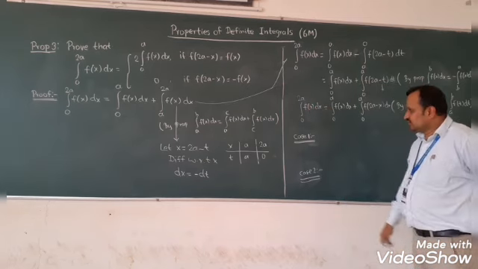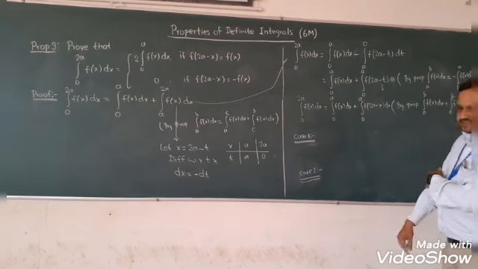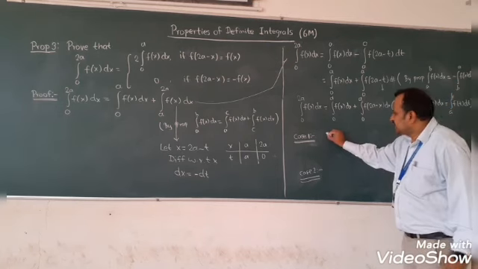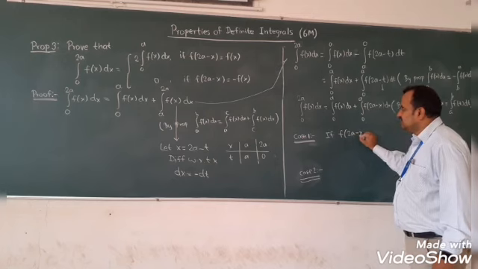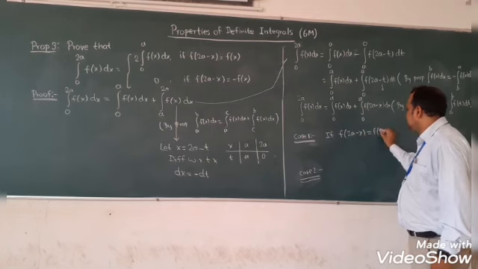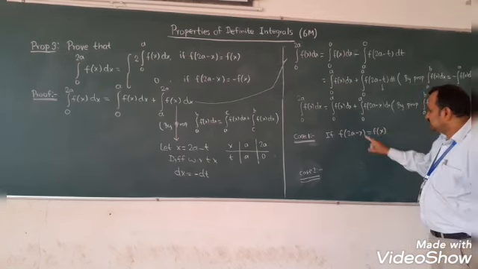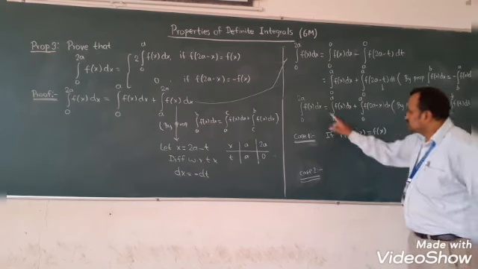So property is over. Now let us see case 1. What is case 1? Here I can say if f of 2a minus x equal to f of x, so this value you keep here. So this will become what?